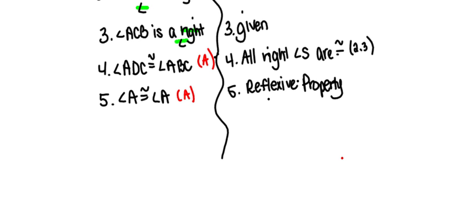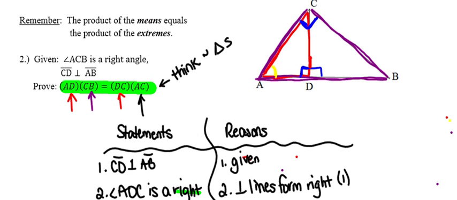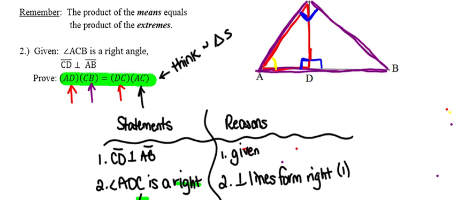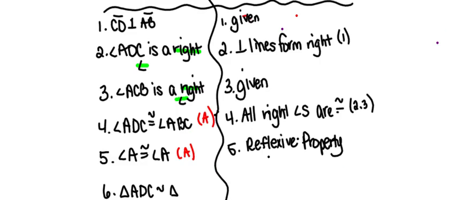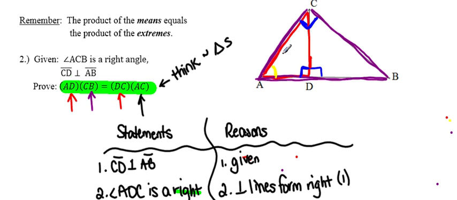I'm all set. I've set myself up very nicely to go ahead and say that these two triangles are congruent. So I've got triangle ADC, that's the little red guy. And when I name the second triangle, I need to be very careful to match up those vertices. A in the red triangle corresponds to A in the purple triangle.